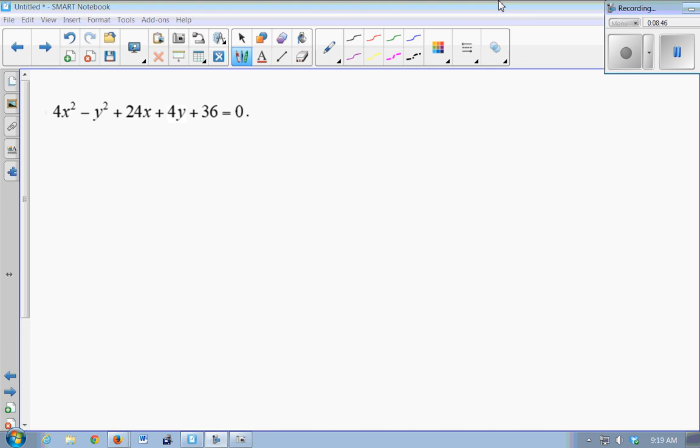Okay, so to complete the square, I'm going to group all the x's. So I have 4x squared plus 24x. And I'm going to group the y's, and I have a minus, and I'm going to put parentheses: y squared minus 4y equals negative 36.